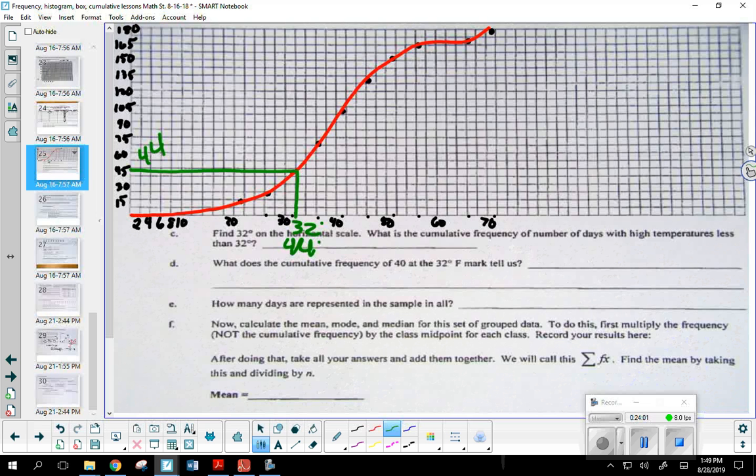On a problem like this, I would probably give you a leeway, maybe 42 to 46. A nice little leeway. I don't want to make the leeway too large because I want your graph to be somewhat correct. That makes sense? Whatever interval I give you should give you enough room if your graph is slightly off.